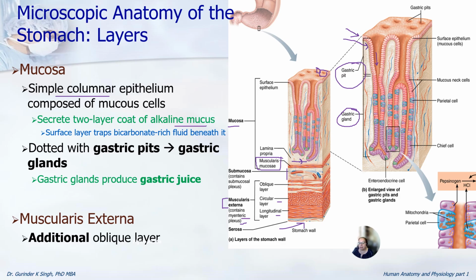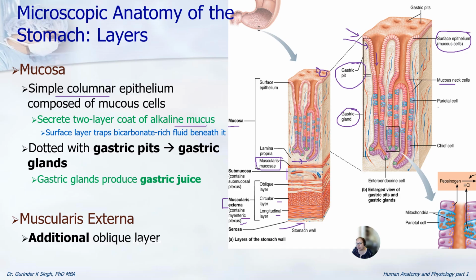I want you to pay attention in these gastric pits. You can see that the cells lining these gastric pits have different colors. This is your surface epithelium, which is light pink. Around the neck of these gastric pits, you do have darker cells, which are typically just the mucosal cells. They're going to produce mucus. In between, these blue color cells are scattered.